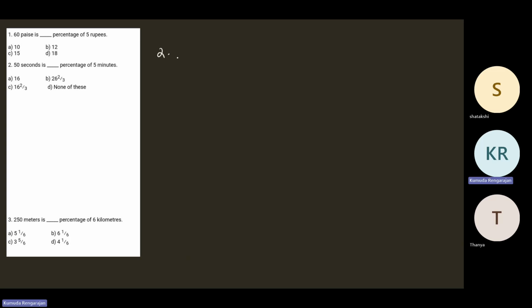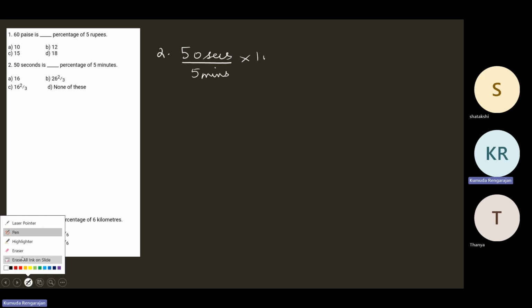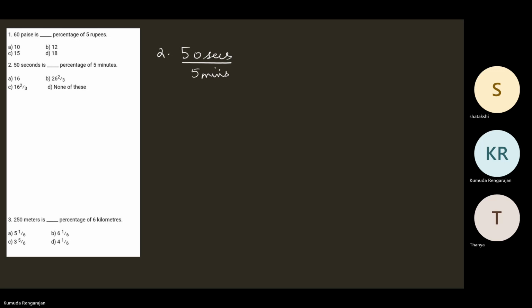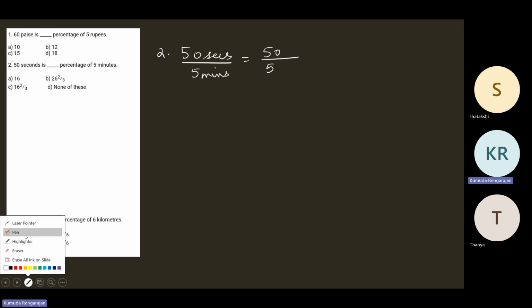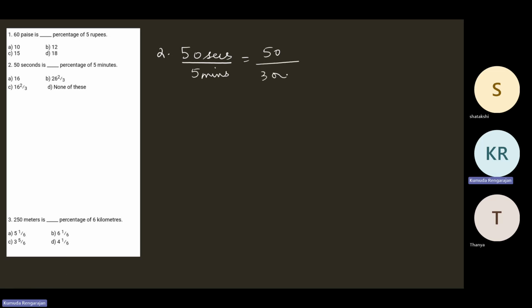So 50 seconds is dash percentage of 5 minutes. So 50 seconds by 5 minutes into 100. If you want to find the fraction and then the percentage, you should do this first. This is the fraction, 50 seconds by 5 minutes. 1 minute is 60 seconds, so 5 minutes is 300 seconds.